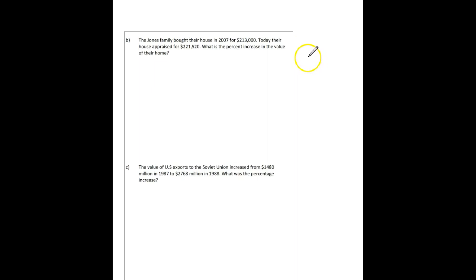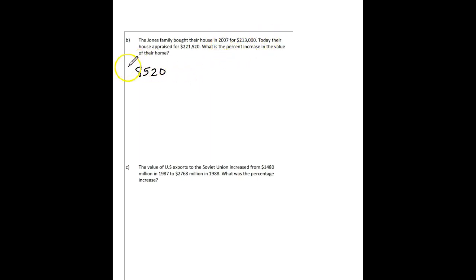You just take the new value and subtract the old value, and you figure out that it increased $8,520. That's how much it went up from 2007 to today.